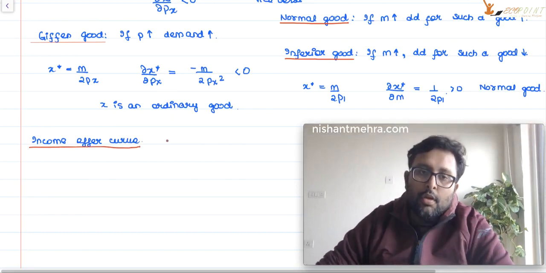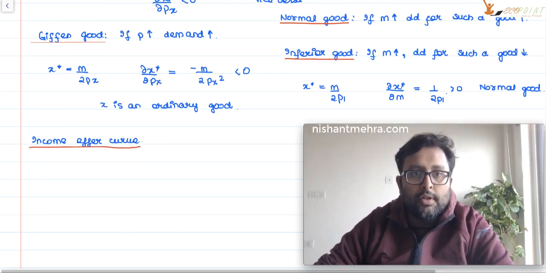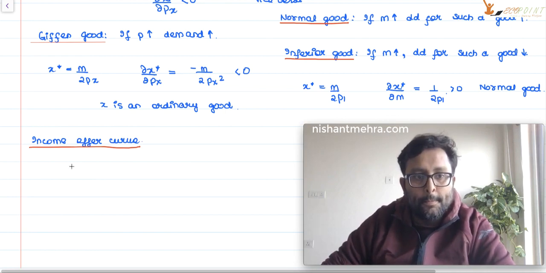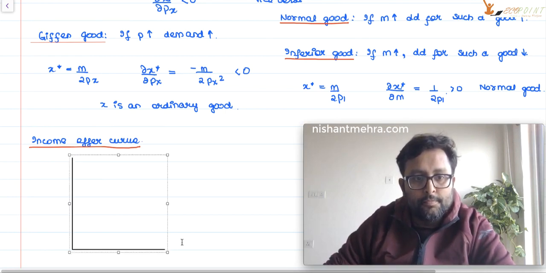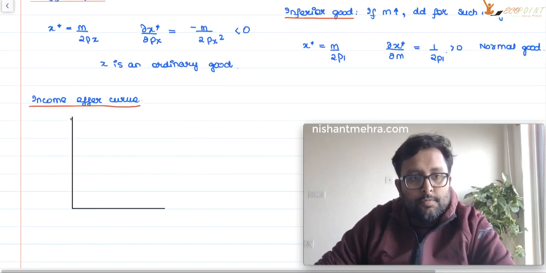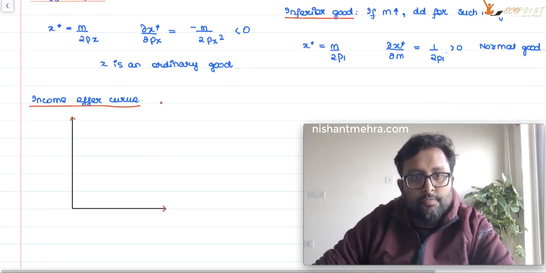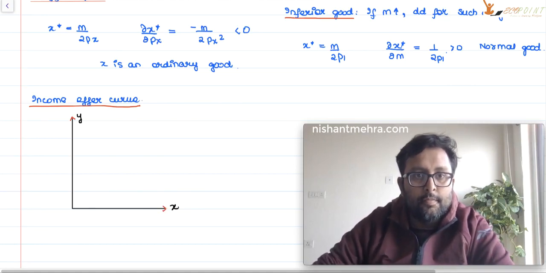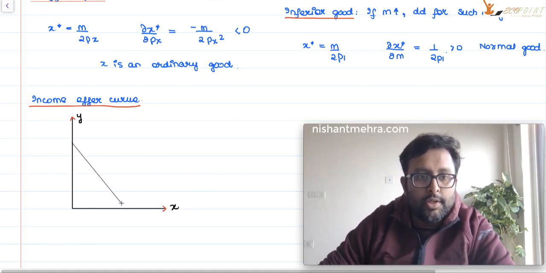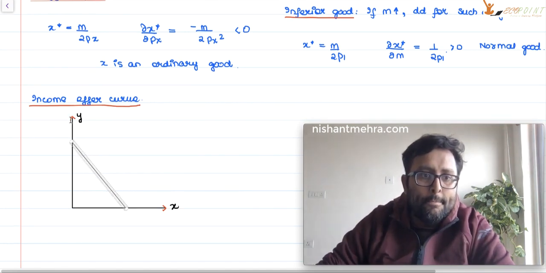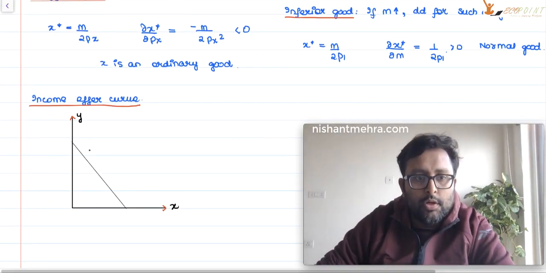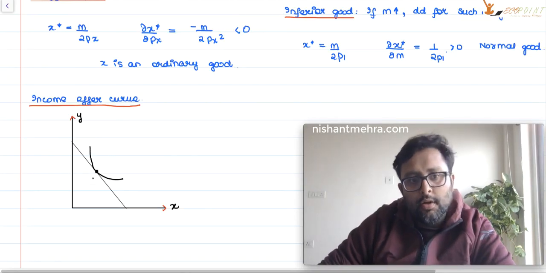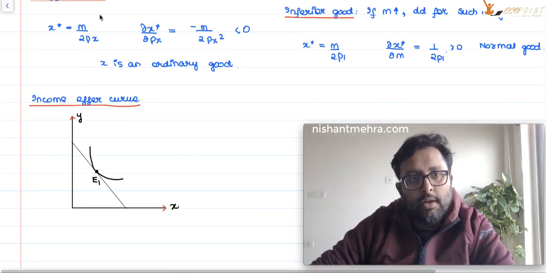So, for example, this is drawn in XY space. Initially, this was the income, and you were consuming out here. Let me call this point E1.